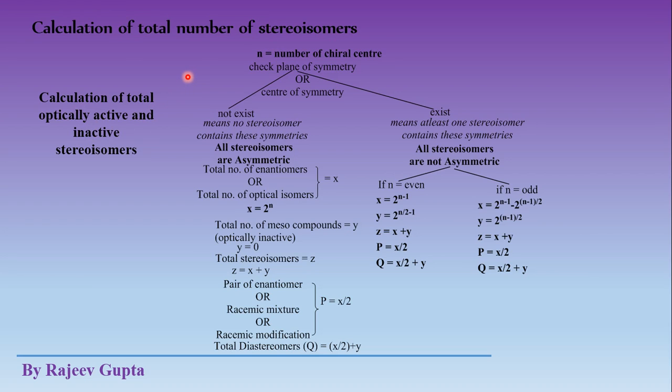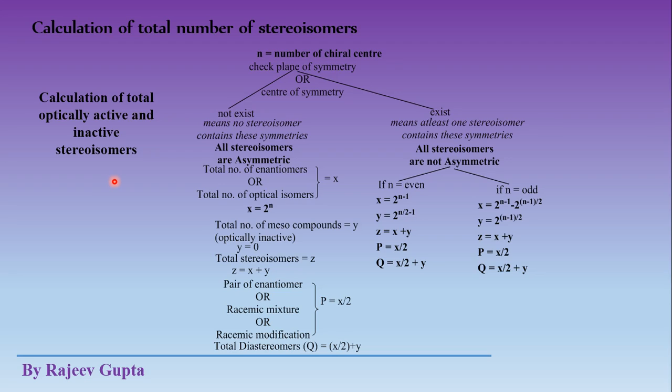Here we will take the calculation of optically active and inactive stereoisomers. So here we will consider only those molecules which contain more than one chiral center.